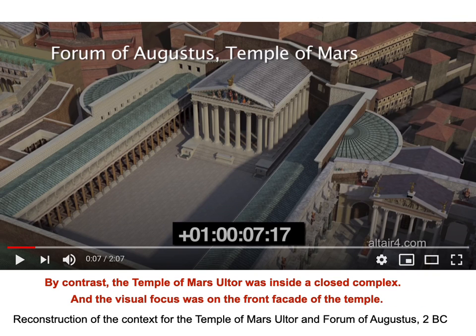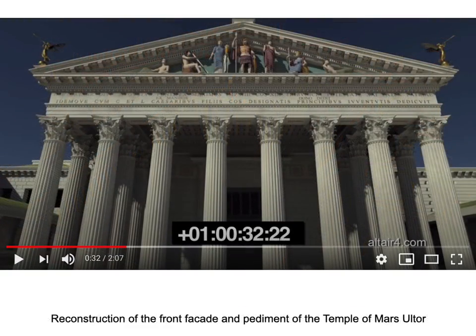The visual focus of the temple was on the front facade. This was very different than the visual impression given by the earlier Parthenon. Here we see a reconstruction of the front facade and the pediment of the temple.